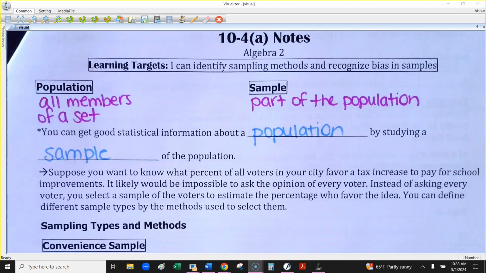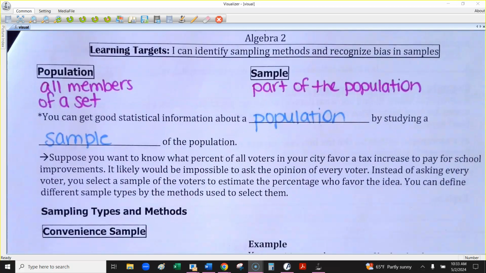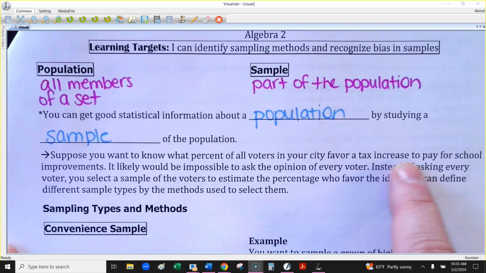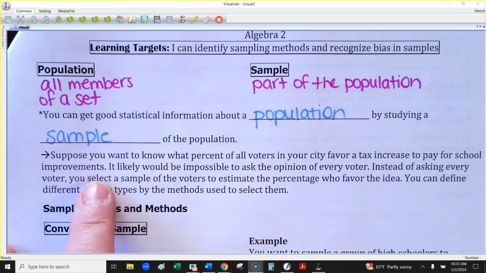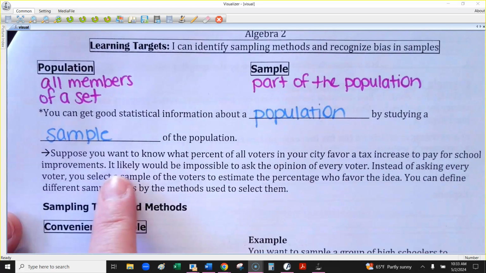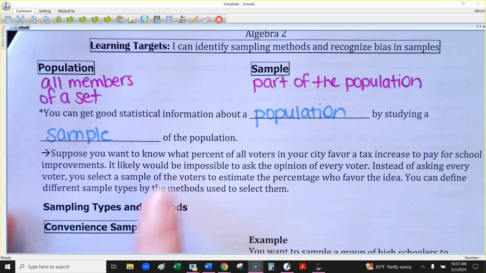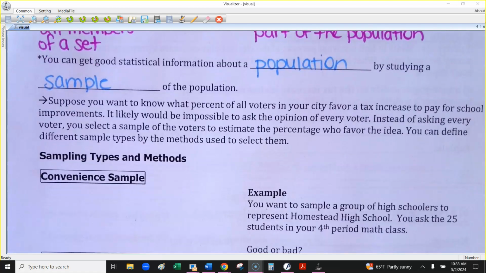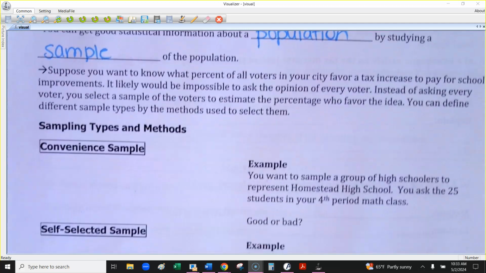Here's a little example: suppose you want to know what percent of all voters in your city favor a tax increase to pay for school improvement. It would be impossible for me to ask everybody in the city of Fort Wayne their opinion on that, but we could get a group of people together. We're going to talk about different ways we could define that group, our sample, to answer that question.